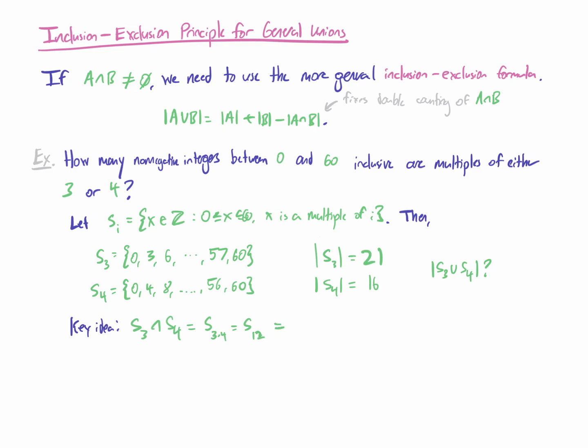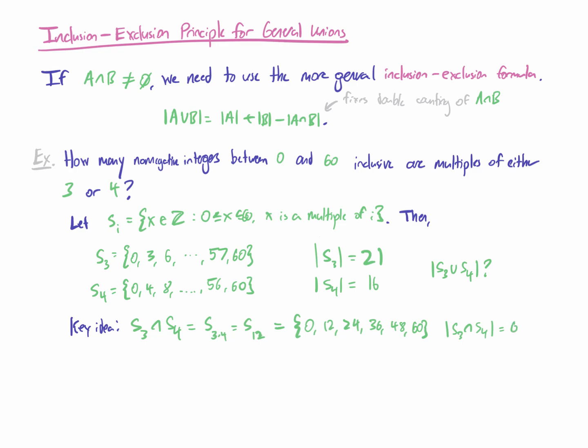What is this set? Well, it's 0, 12, 24, 36, 48, and 60, which means that the size of the intersection, how many elements did I write down? There were 6 in total, the size is 6.